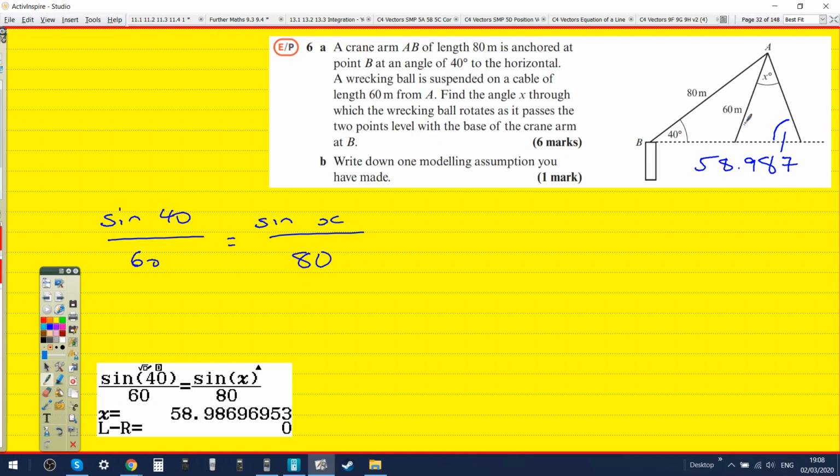Any idea what this angle is? Will that be 58.987 as well? Yeah. And then to find out x, would we just do 180 minus 58.987 minus 58.987? Yeah.